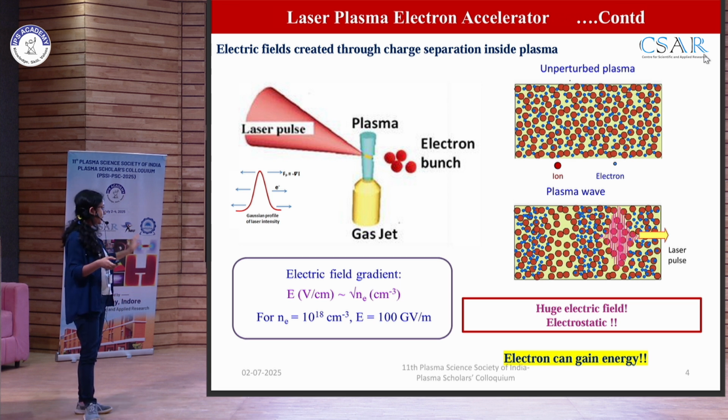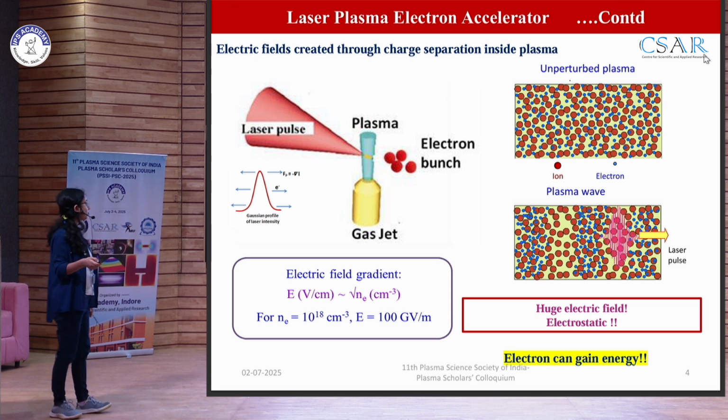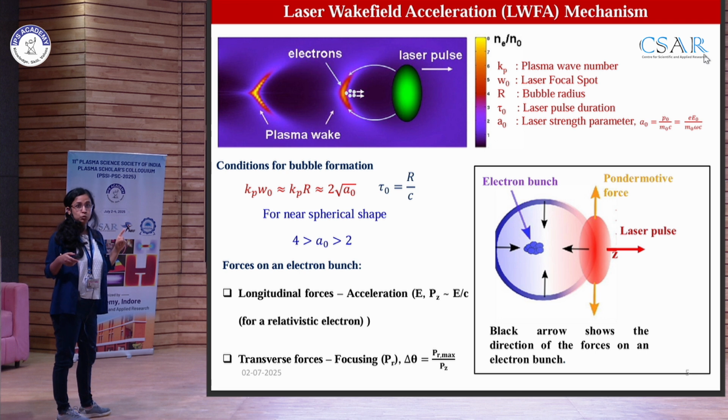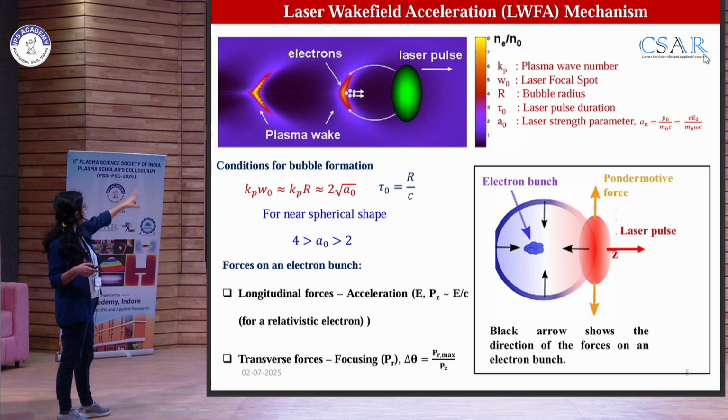That means, in this case, the electron can gain energy from the plasma. Now, for laser strength parameter a0 more than 2, which signifies the intensity of the laser, non-linear interaction between laser and plasma will occur. If we want to accelerate electrons to GeV energies, we have to work in the 3D non-linear regime only.